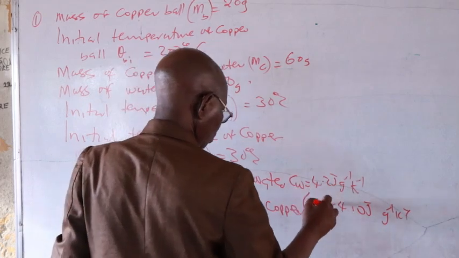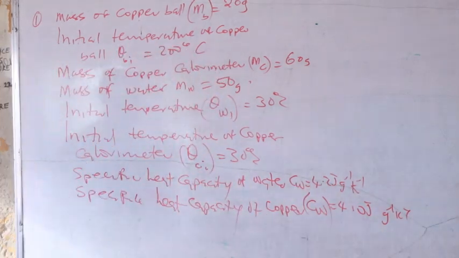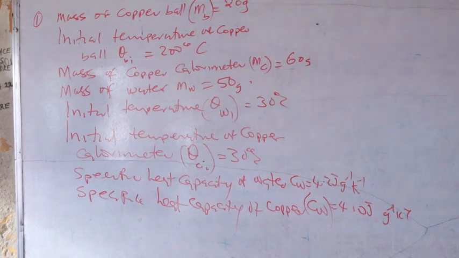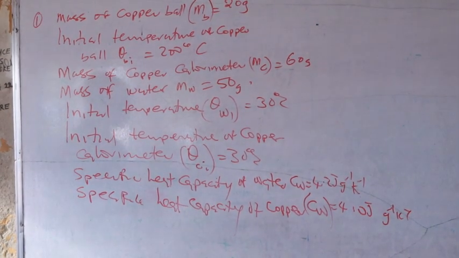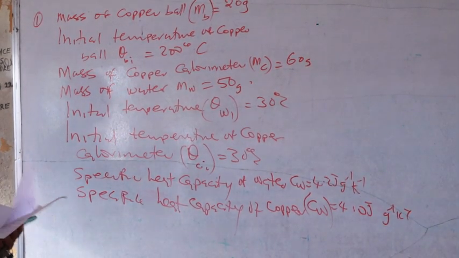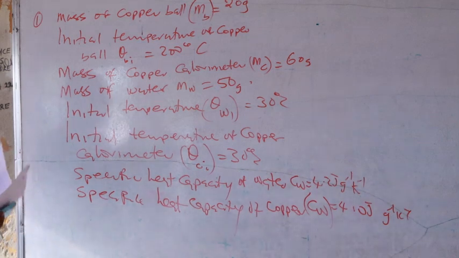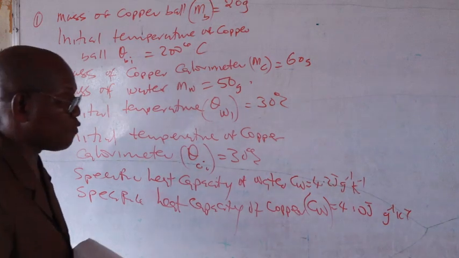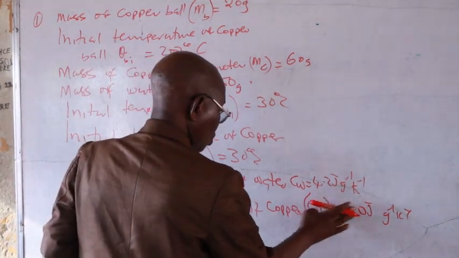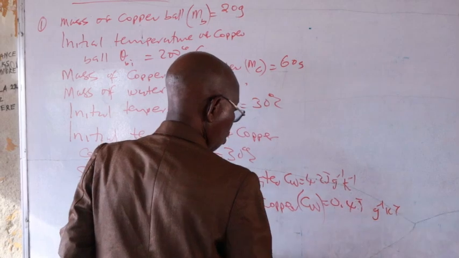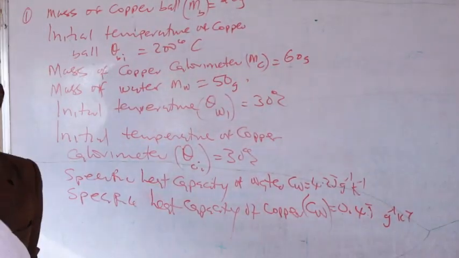You are not given, but you can take it to be that. Sir, I got 0.4. You are not given in the question, so you can work in terms of that. If you are given 0.4, whatever you are given is what you are going to use. But because the question is silent about it, you can still work in terms of the copper calorimeter. It should be 400 joule per kilogram per Kelvin, but if you divide by 1,000, you can have 0.4 joule per gram per Kelvin.